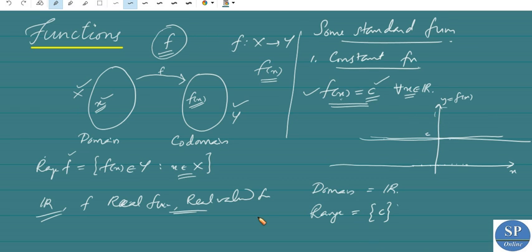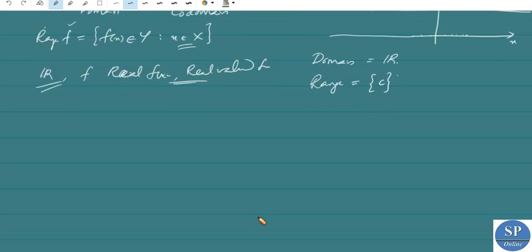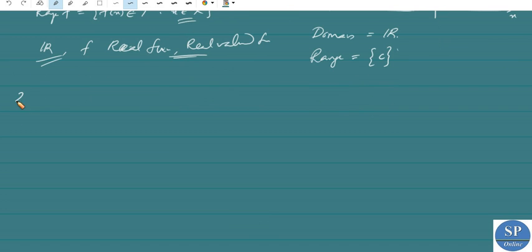So next, the second function is the identity function. We know the identity function is f of x equal to x for all x belonging to R. So can you imagine the graph of this identity function?